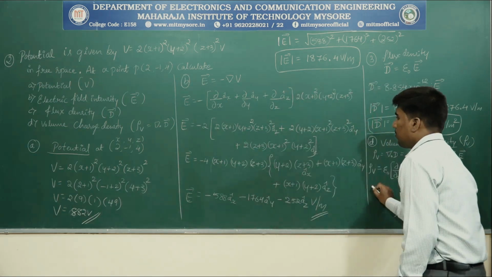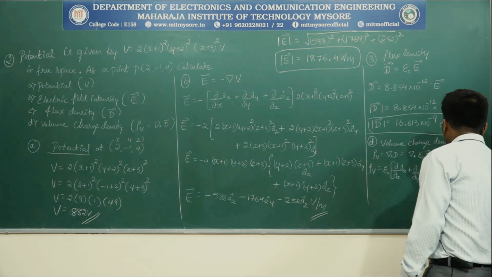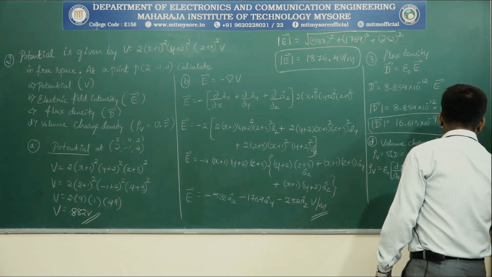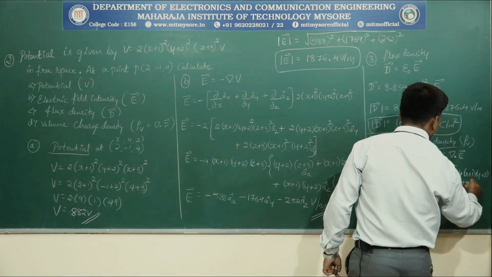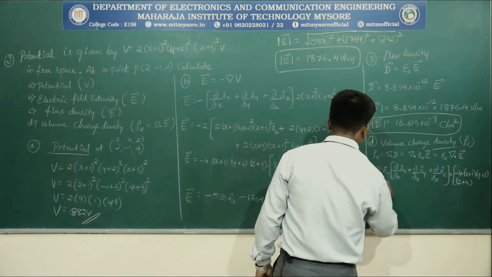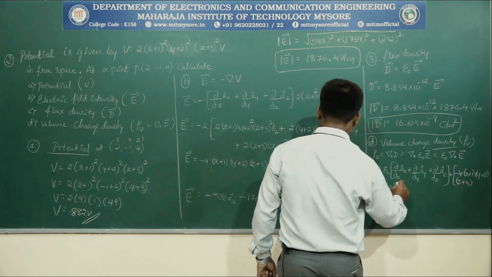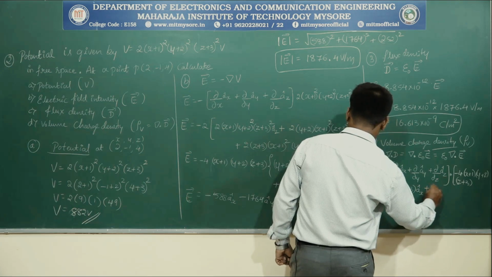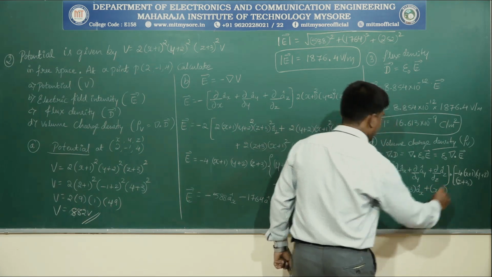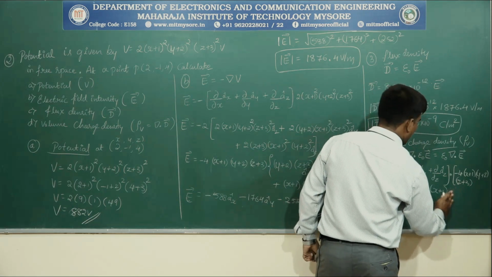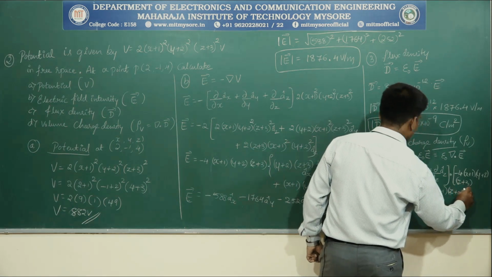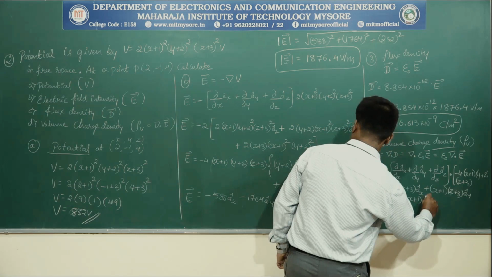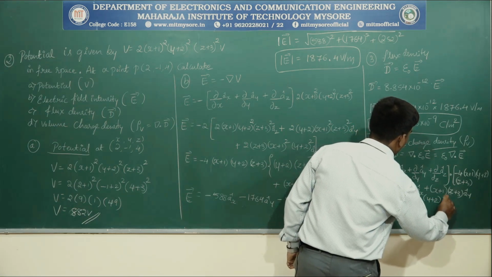Therefore what we are going to get? Minus 4(x+1)(y+2)(z+3) into (y+2)(z+3) a_x plus (x+1)(z+3) a_y plus (x+1)(y+2) a_z.